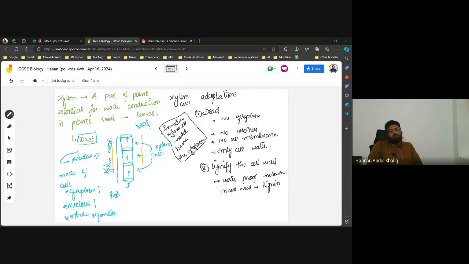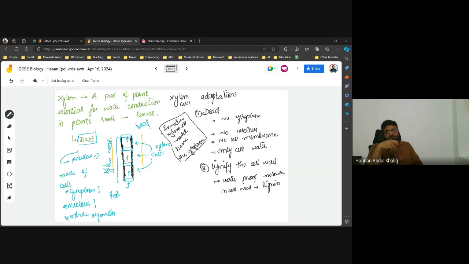These cell walls are called lignified cell walls. Now, once the water enters, it would never have any point to leak. This would be a very thick cell wall. And you must know that lignin is one of the strongest materials ever found in living things, and it cannot be easily broken.